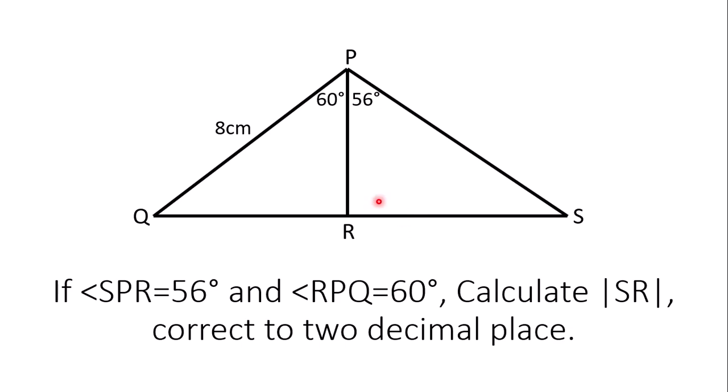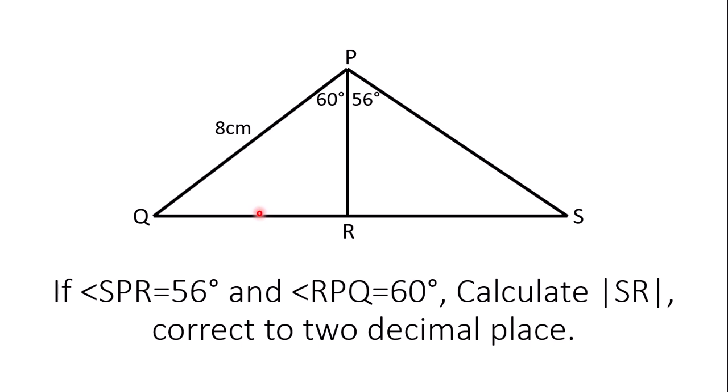So we're just going to find the length of this PR first by considering triangle PQR. Here is 8 centimeters and here is 60 degrees, and this 60 degrees is resting on this PR, making PR adjacent, and this side the opposite.